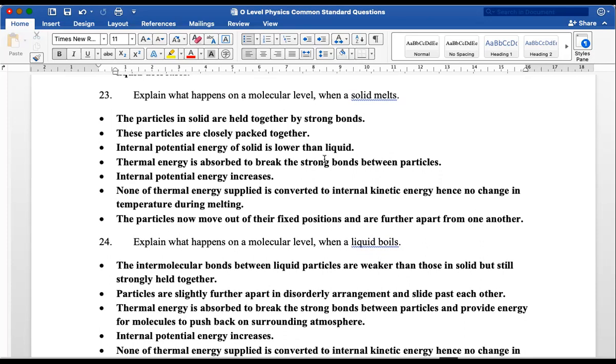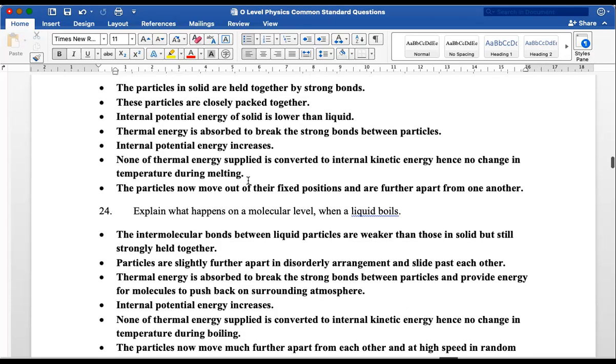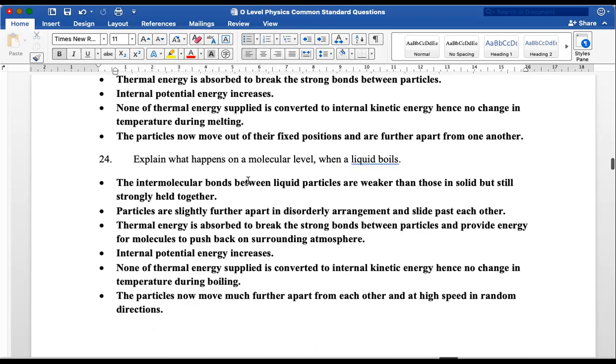Thermal energy is absorbed to break the strong bonds between particles. Internal potential energy increases. None of the thermal energy supply is converted to internal kinetic energy, hence no change in temperature during melting. The particles now move out of their fixed positions and become further apart from one another.